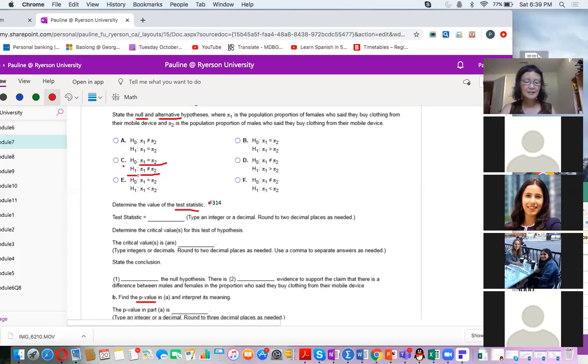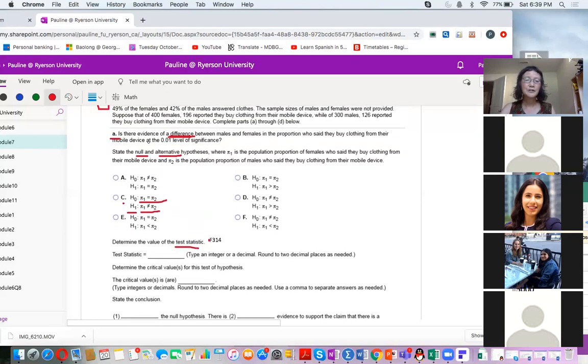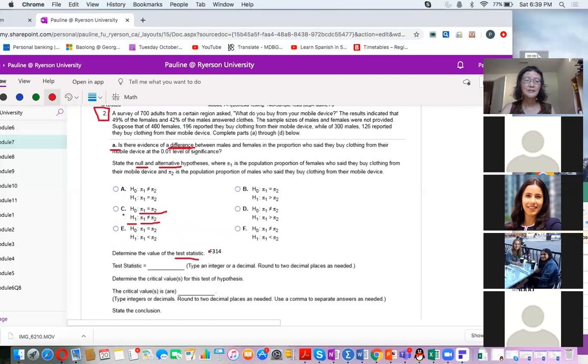So after that, X1 represents, in general, the number of people having some characteristic in sample 1, okay? In this case, the number of females buying clothing through their mobile device. So how many females buy clothing through mobile device? How many females?